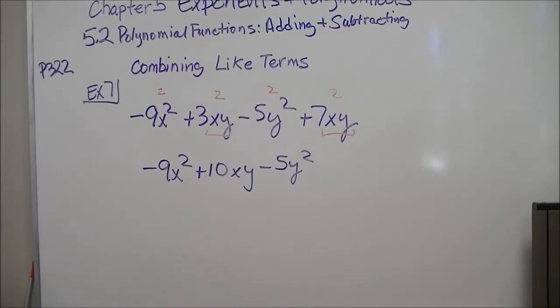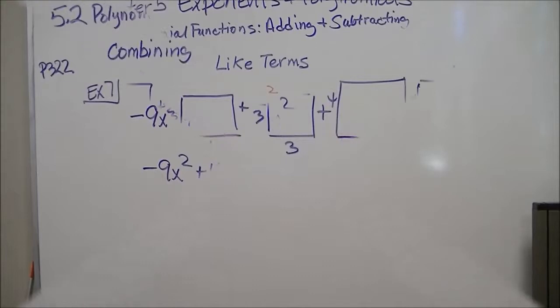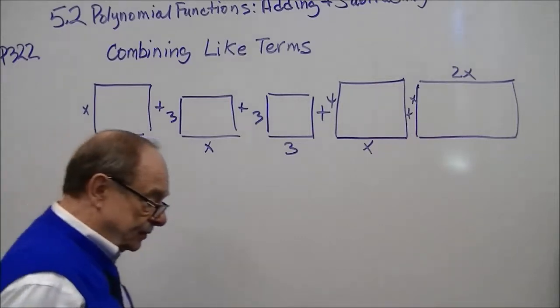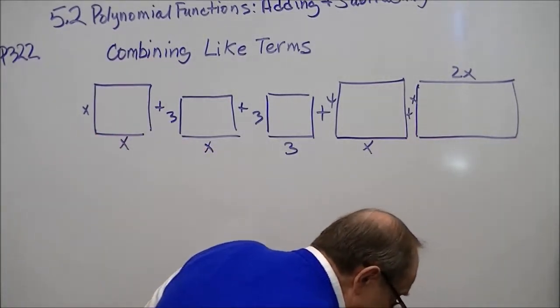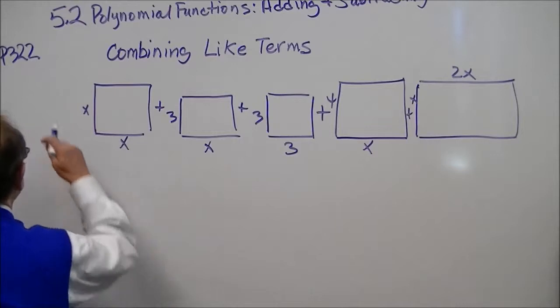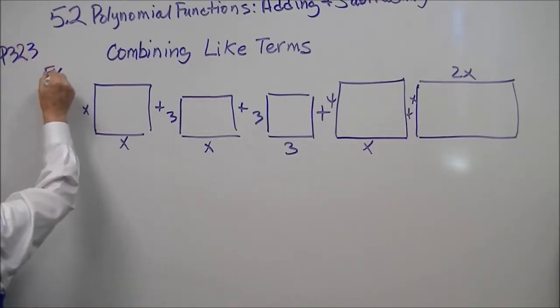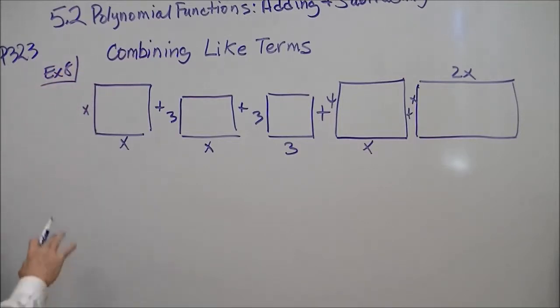So some will get a little more complicated. Again, it's a matter of identifying the like terms. Now, in our textbook, they have a much nicer picture for this, and this is example 8. And I guess we're on the next page now. But here they're trying to show you sort of what is going on.